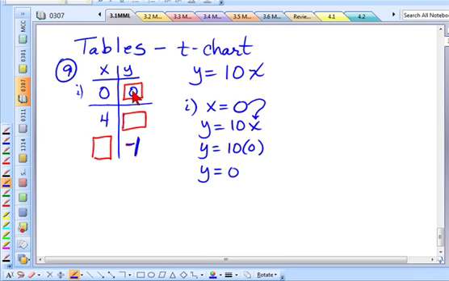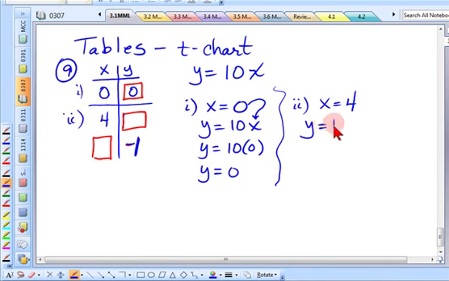What I have done is they gave me one of the letters. I plugged it in and I cranked out its partner. The partners together form an ordered pair, which is a solution. The second part, I'll call it II. This time, what have I been given for part 2? X is 4. My equation doesn't change.